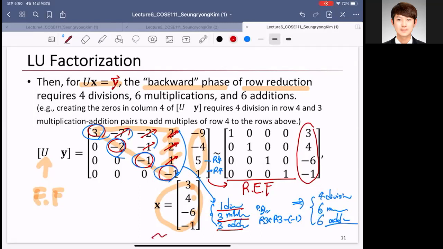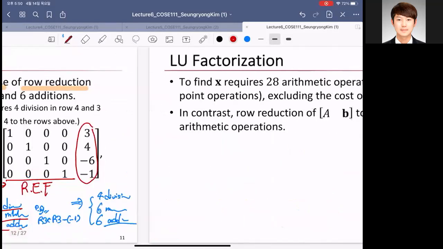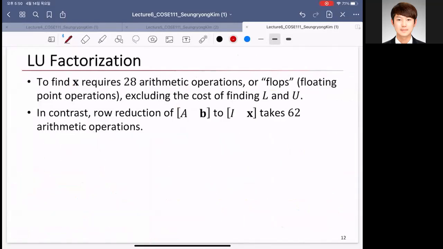Then we find the solution x is just 4, 3, 4, negative 6, negative 1. Right. So in this case, let's think of how many arithmetic operations. Arithmetic operation means addition, multiplication, or division, something like this.